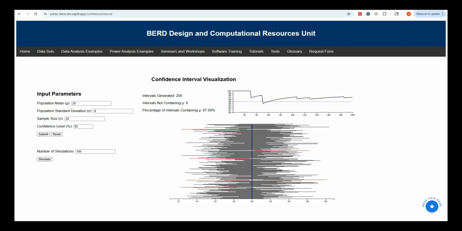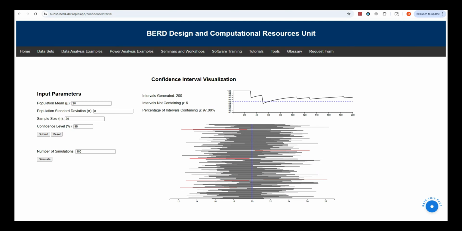What moves around are the random samples that we take and ultimately the confidence intervals that are computed from those samples. So each one of these confidence intervals represents a sample with a computed mean and the respective margin of error that got us to a lower bound and an upper bound, as we saw on the first slide.